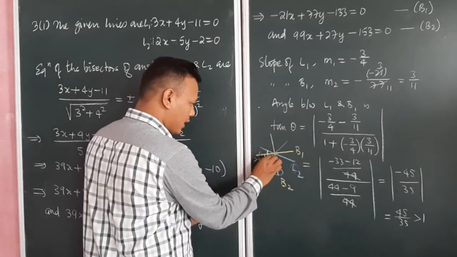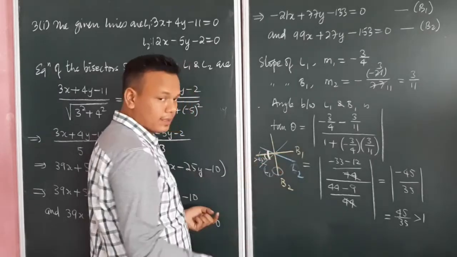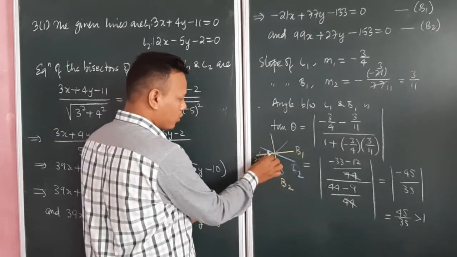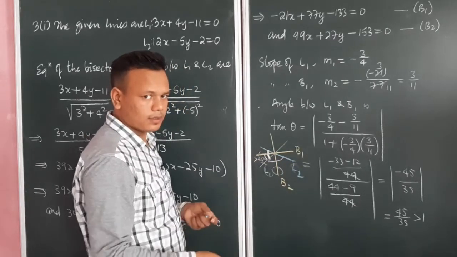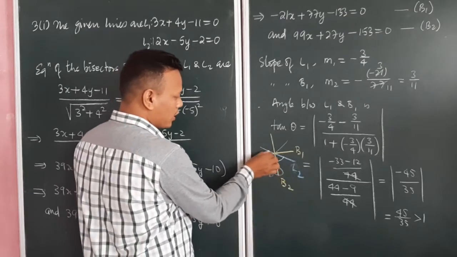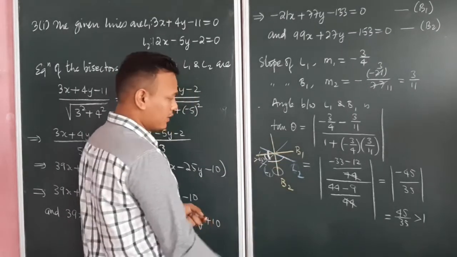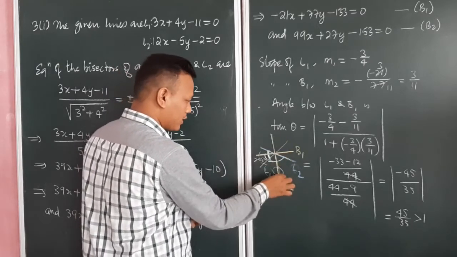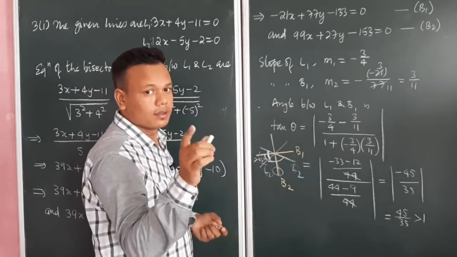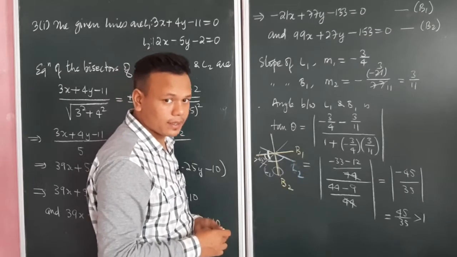That means this angle is obtuse. Now obviously, if this is an obtuse angle, then this has to be an acute angle, because if I add them I get 180 degrees. So the other line, B2, has to be the bisector of the acute angle in this case.